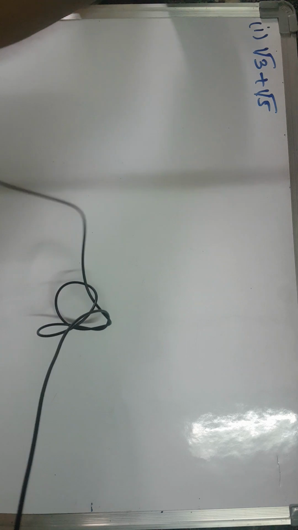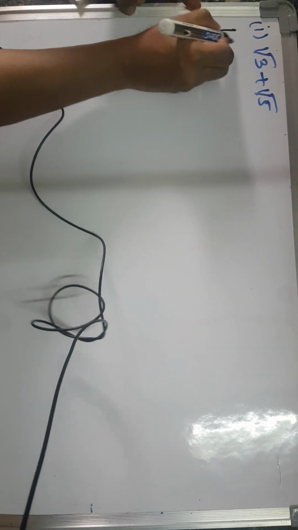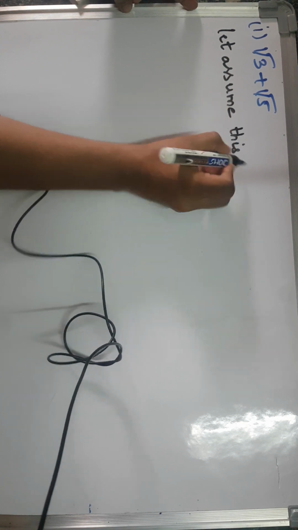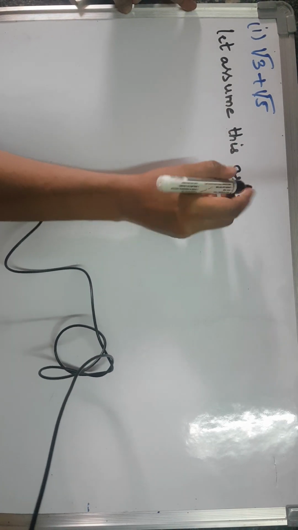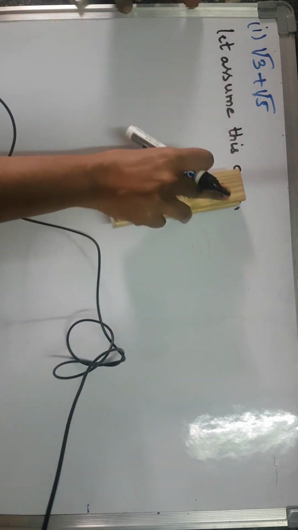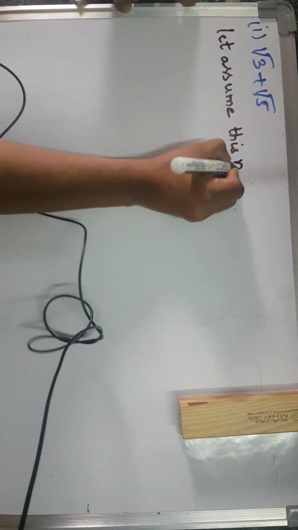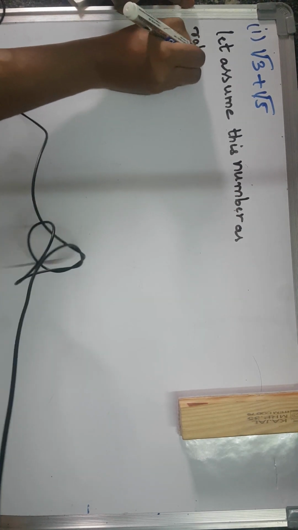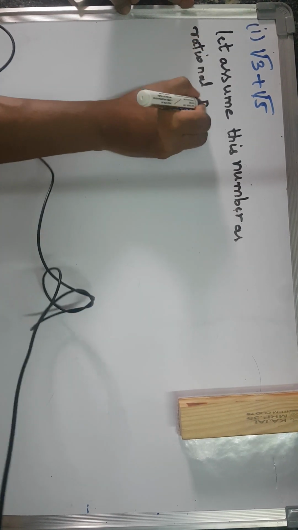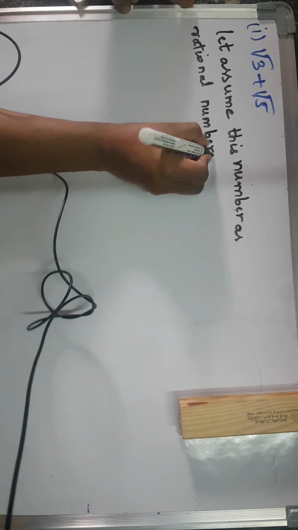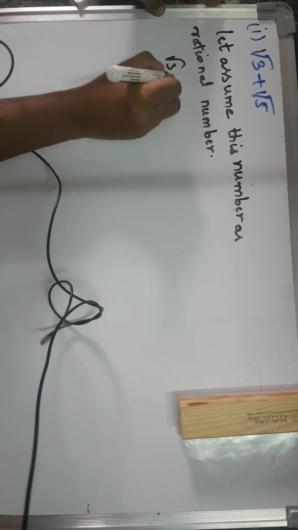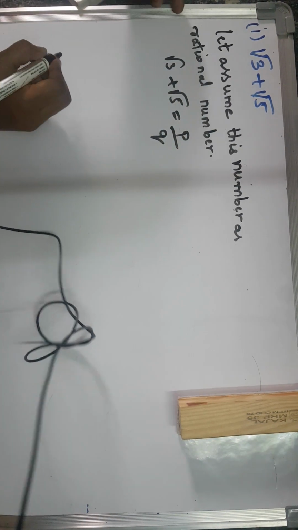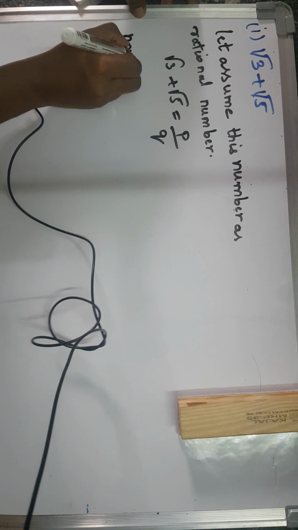Let us assume this number as a rational number: root 3 plus root 5 equals p by q. This is the rational number. Okay, now squaring on both sides.